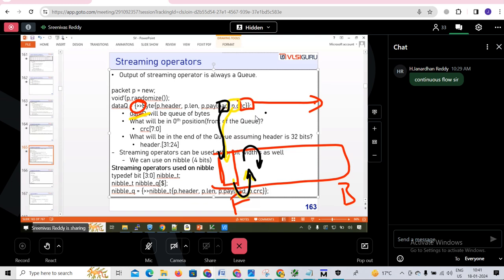By the end of this streaming, actually speaking, this whole thing happens in 0 time, because there is no clock involved. Then why am I explaining this? Because you are feeling that there is a time involved. There is no time involved here. All happens in 0 time. By the end of this operator, can you tell me what will be in the front of the queue?